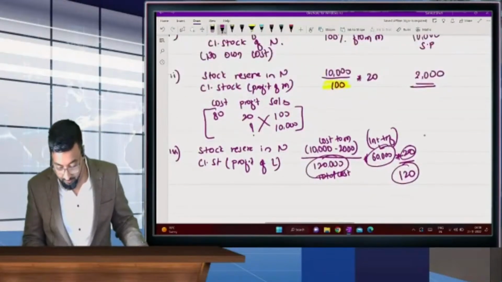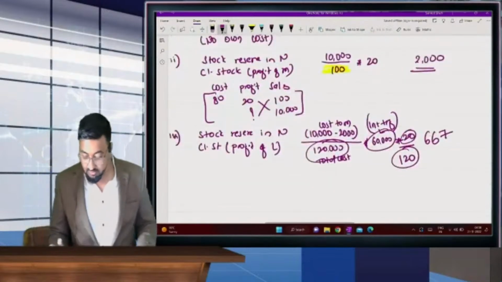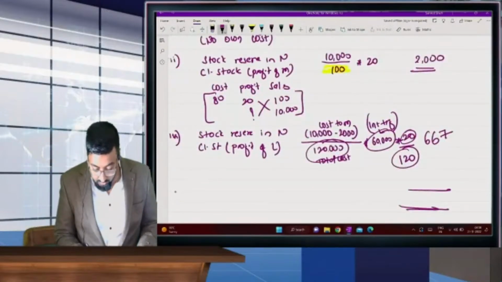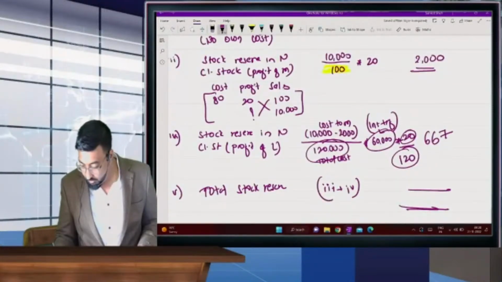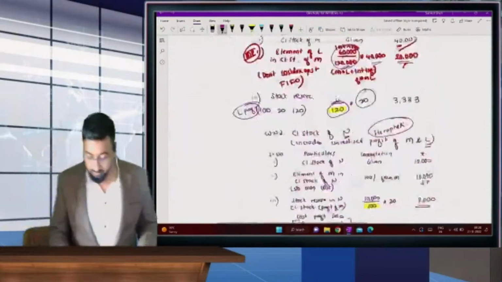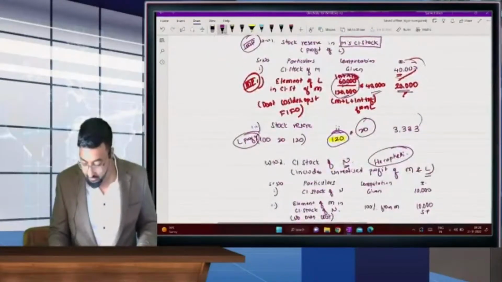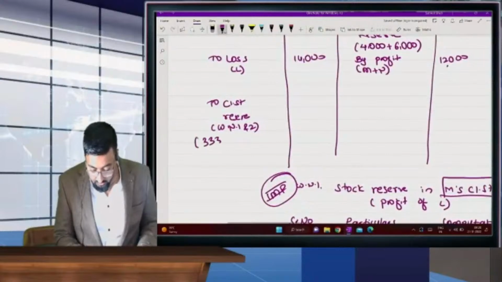666. What is the amount? 6667. 667. So total stock reserve. 3 plus 4. 2,667. Okay. And here 3333. So M's stock reserve 3333 plus 2667.